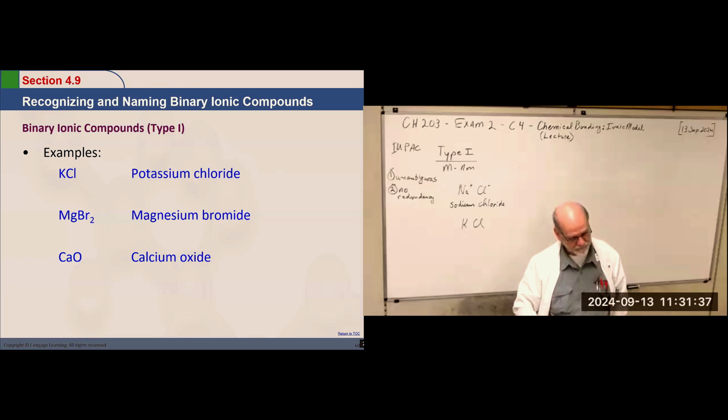So potassium chloride, potassium is an alkali metal. It's always a +1 charge. Chloride is a halogen. It's always a -1 charge when it's in ionic compounds. That's the kicker. If you form chlorine and some other nonmetal, then it's a different rule. But as long as it's with a metal, then it's a -1 charge.